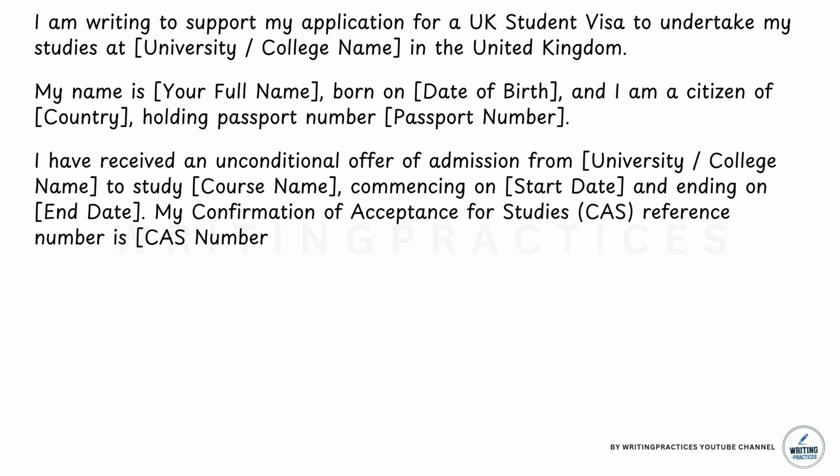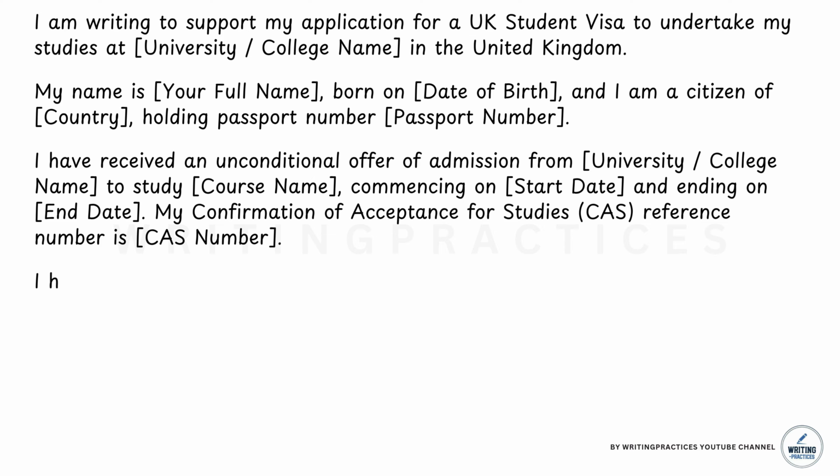My confirmation of acceptance for studies reference number is CAS 987654321. This is one of the most important parts of your letter. Your CAS confirms that a licensed UK institution has officially accepted you. Always make sure these details match your CAS document exactly.